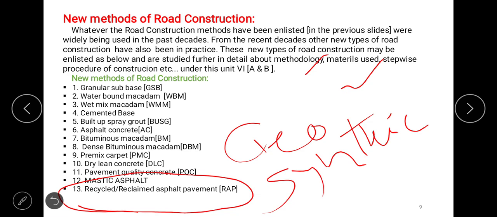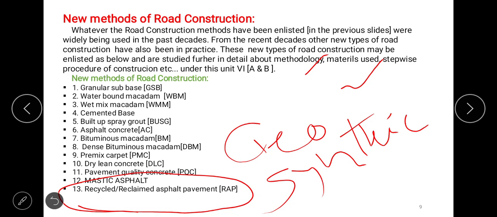Whenever we are demolishing for various purposes, in order to overlay or repair or remove the whole cement concrete slab and recast, in such cases this excavated material or debris, after you demolish the cement concrete pavement or bituminous concrete pavement for a smaller stretch, becomes debris.